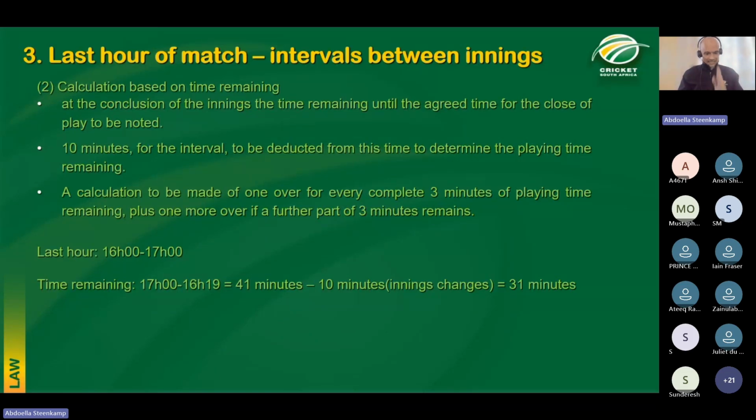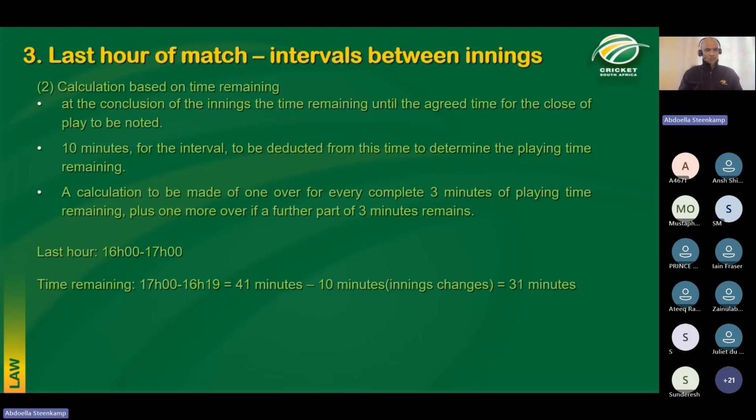So if the innings ended at 1619 until 5 o'clock, that is 41 minutes. So I've now done my first bullet point. My second bullet point is, I take this 41 minutes and I now need to subtract 10 minutes for the innings change. And now I get 31 minutes left.